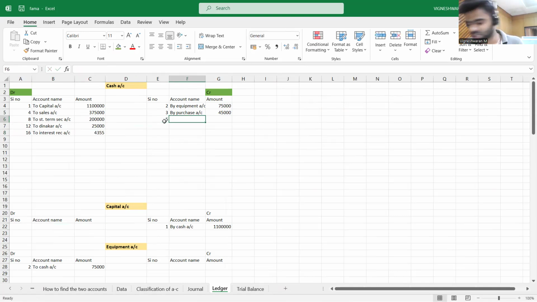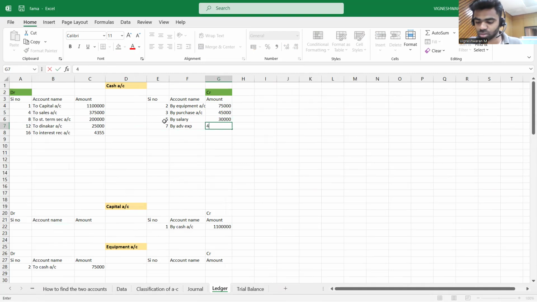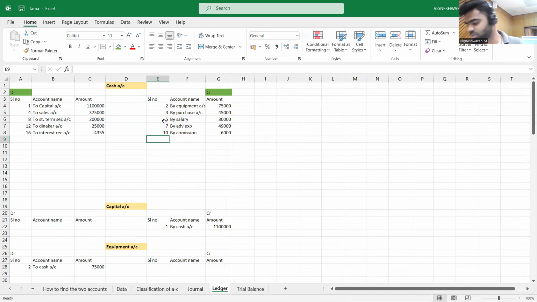Fifth one, by salary, it is 30,000. Then seventh one, by advertisement expense, it is 49. Then tenth one, by commission account, 6,000. Then 11th one, by GST, is 33.